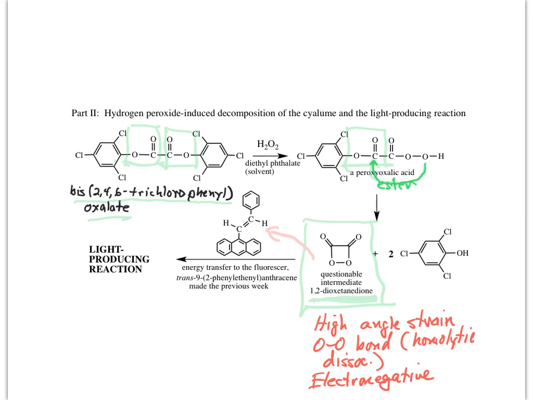And in the same way that the UV light excited it and then had it emit visible light in fluorescence, we want our reactive molecule, our dioxetane dione, to transfer energy to this molecule. And since we're transferring it chemically, this should just spontaneously take that energy and turn it into visible light. That's our goal.